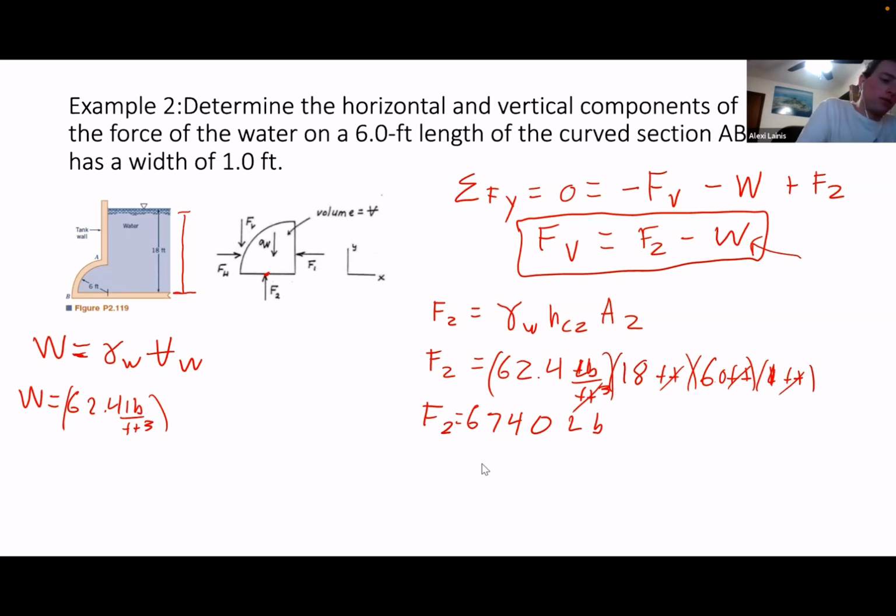Pi r squared is the area of a circle, but we'll do 1/4 pi because it's a quarter of the circle. r is 6, so 6.0 feet squared. And then it's 1 foot depth. So we'll go 1 foot, because remember, it's a three-dimensional shape. It's kind of like it pushes into the page.